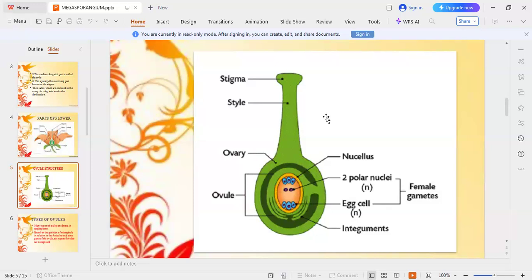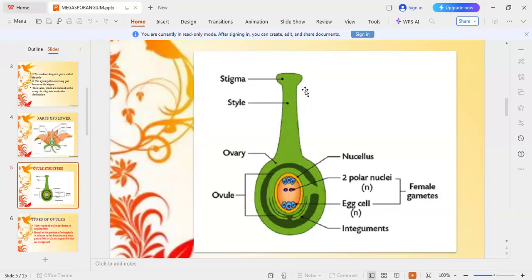The stigma is the upper terminal end of the style, upon which the pollen grains fall and are caught. It is generally knob-like with sticky ends, looking like a swollen portion, not uniform.